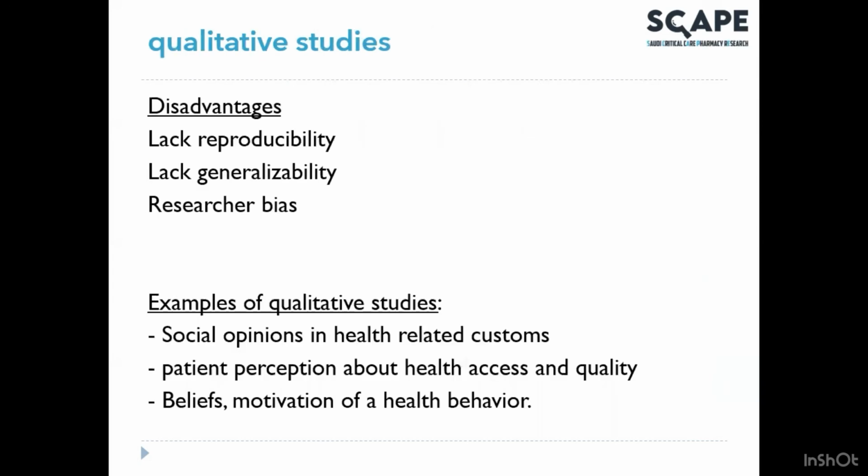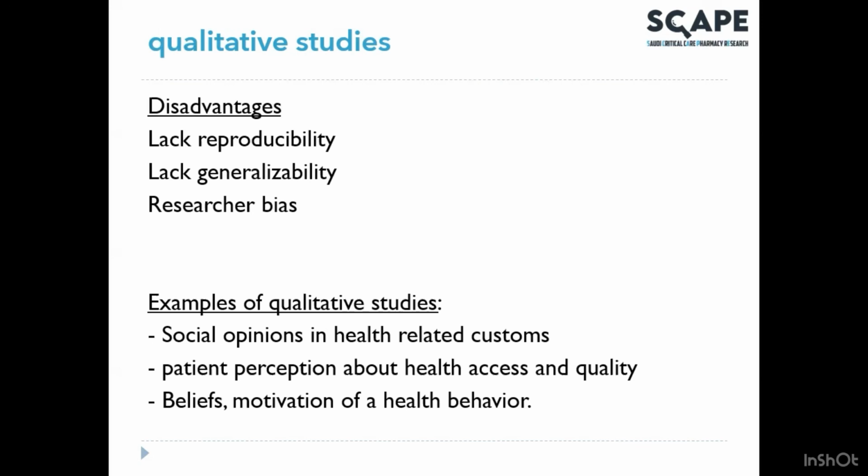In qualitative research, there are some disadvantages, like lack of reproducibility. So a researcher cannot exactly do a similar research in a different setting, because the research participants might be different, so they probably have different responses.